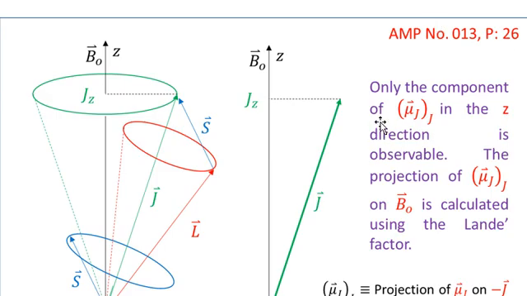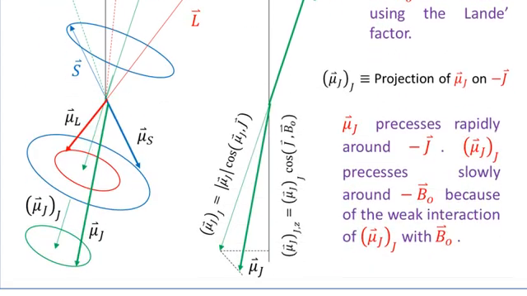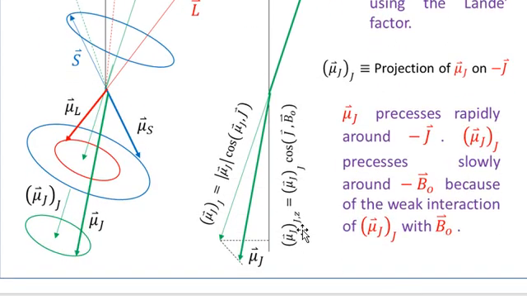Only the component of mu jj in the z direction is observable. And you know that the z component of this one, which I have just talked about, is mu jj comma z, which I have shown. Only this component is observable because it is along the direction of the magnetic field.